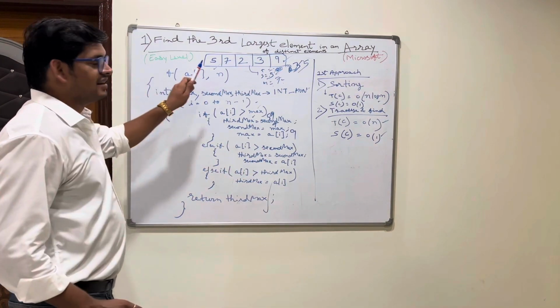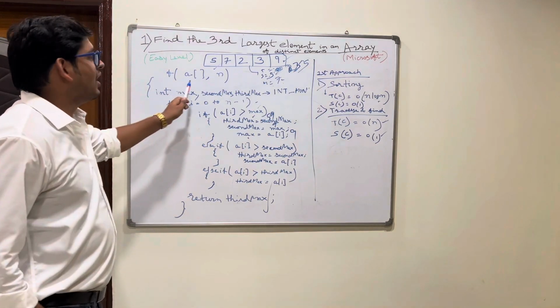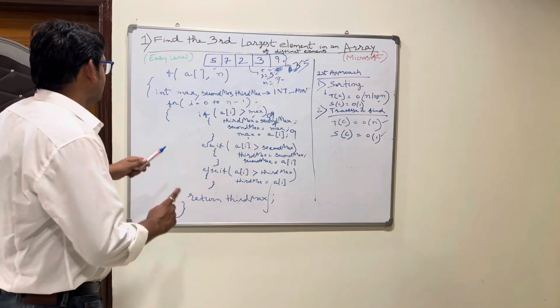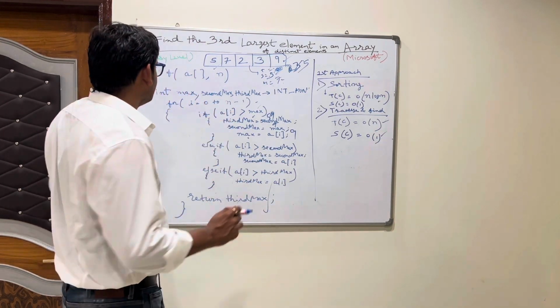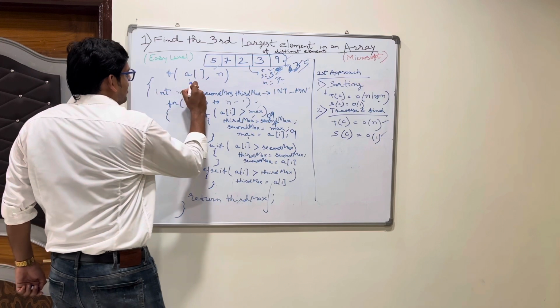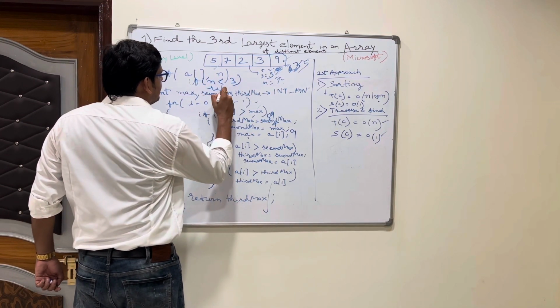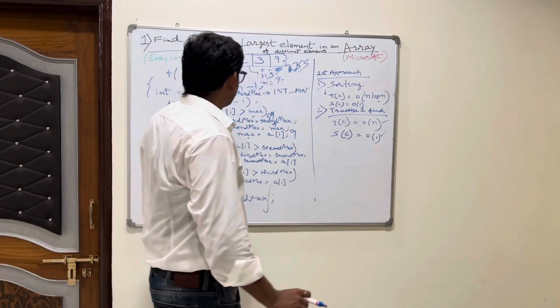So you need to ask the interviewer what to do if the size of the array is less than 3. If he says okay, return -1 or anything, then you need to implement this. So we have to write the condition that if n is less than 3, then return, say, -1. The interviewer is asking to return -1. So this is the solution.